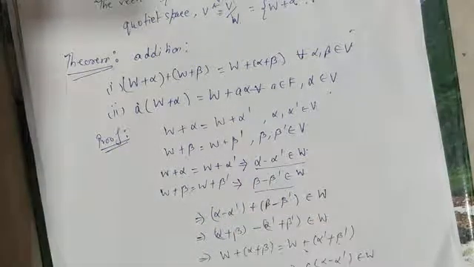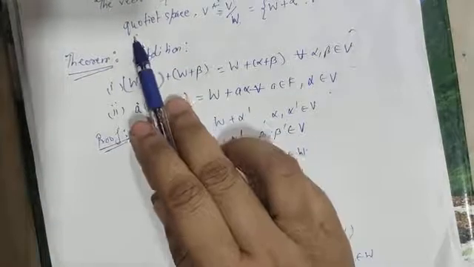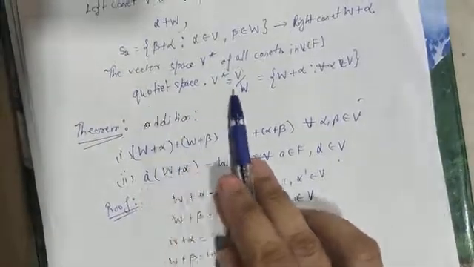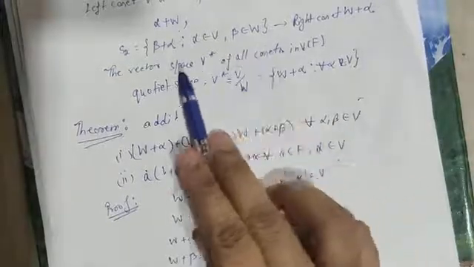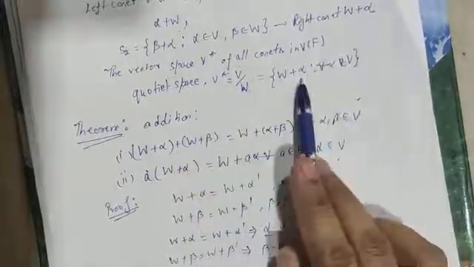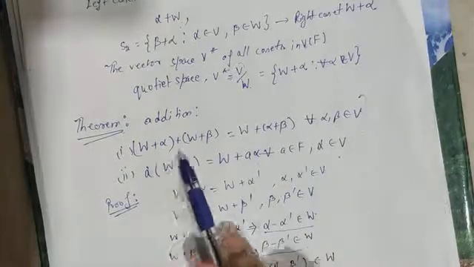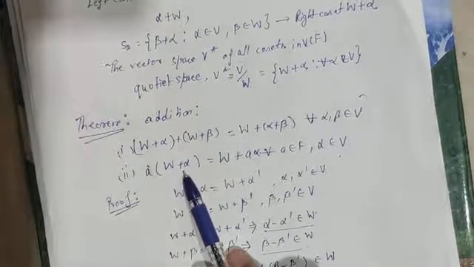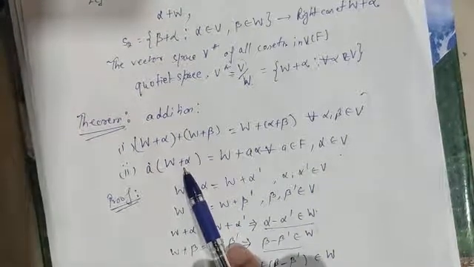Now next we prove that this set will satisfy all the properties of a vector space with this addition and this multiplication property.